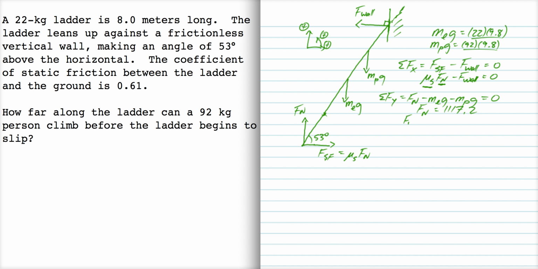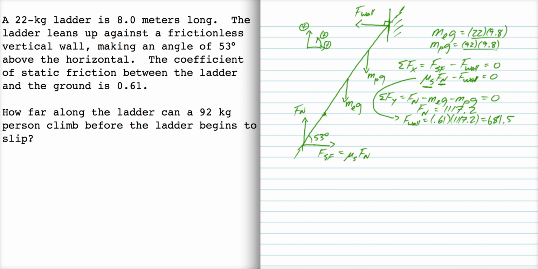From this equation, the wall force is 0.61 times the normal force, and that's 681.5. I have a feeling I'm going to need at least one of those, so might as well solve for them now. Okay, so now let's look at the torques.